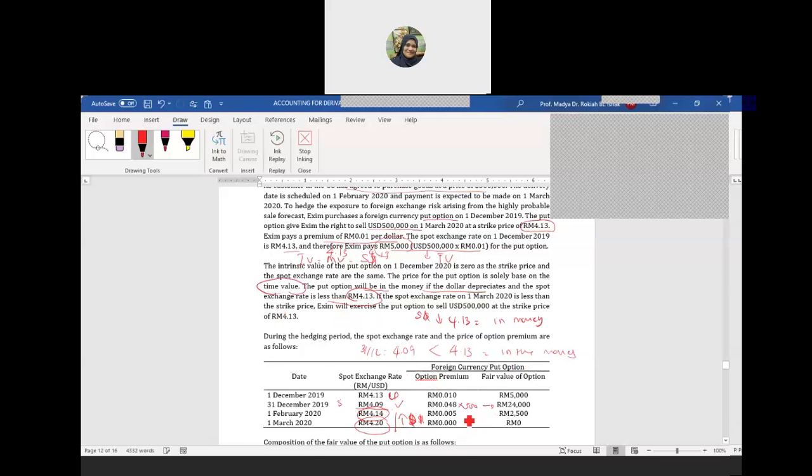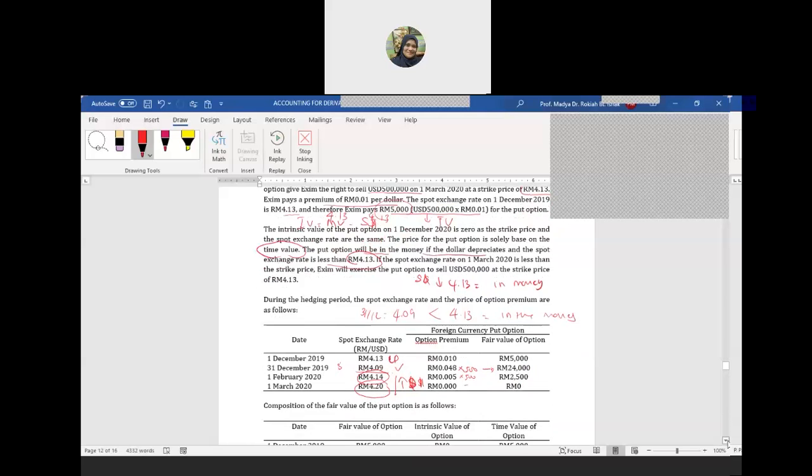And then now the value of the options becomes only 5 cents, reducing to 5 cents times 500, so you have 2,500. And now the value becomes 0. The option premium becomes 0, so the fair value of the options is 0 because it's already out of the money during that time.